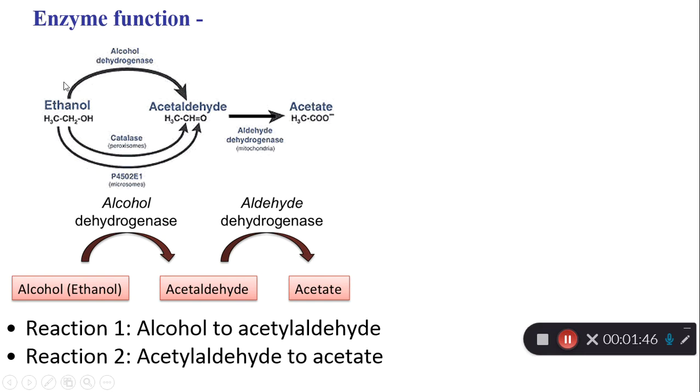The body cannot get rid of ethanol on its own. It cannot get rid of acetaldehyde on its own, but it can pretty easily get rid of acetate in your urine. So over the course of clearing alcohol from the body, you're creating lots and lots of acetate in this two-step process and allowing that to leave the system through the kidneys and the urinary tract.